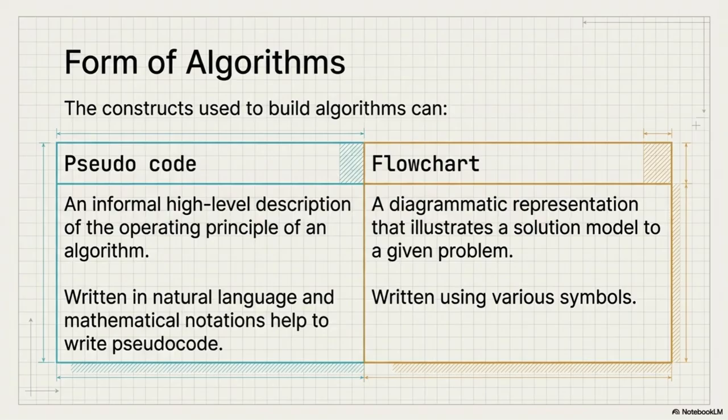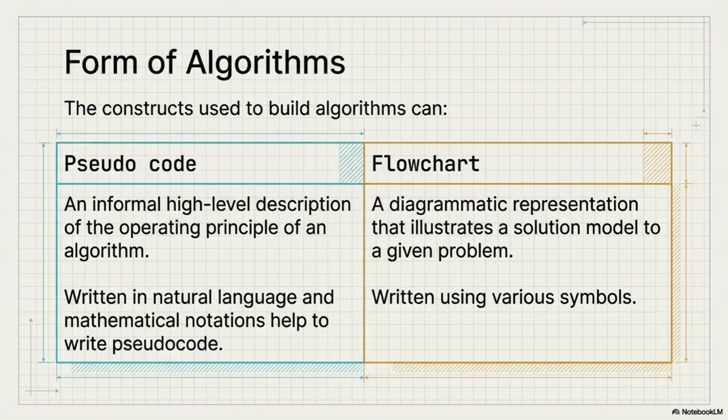So these are the two main forms of algorithms that we are going to use in our C programming. One is pseudocode and the other is flowcharts. Pseudocode is an informal high-level description written in natural language like English, and it can also have mathematical notation.